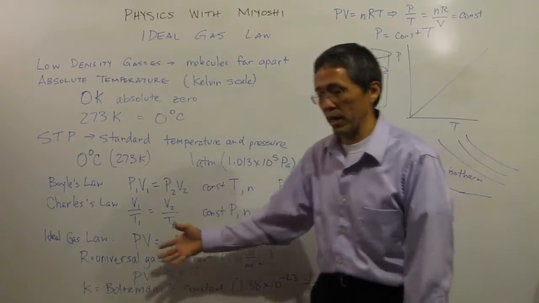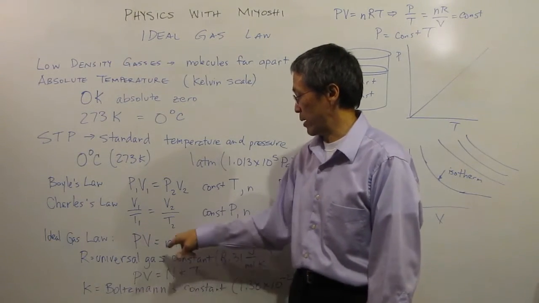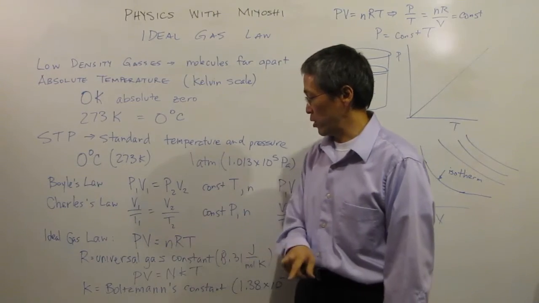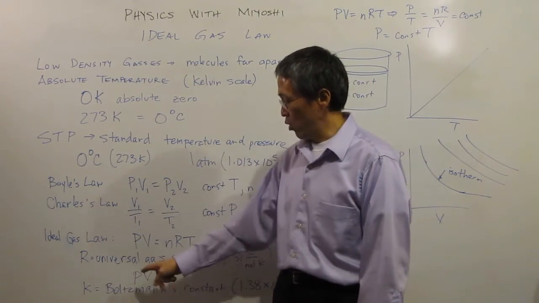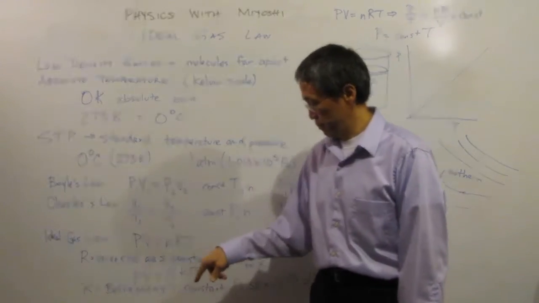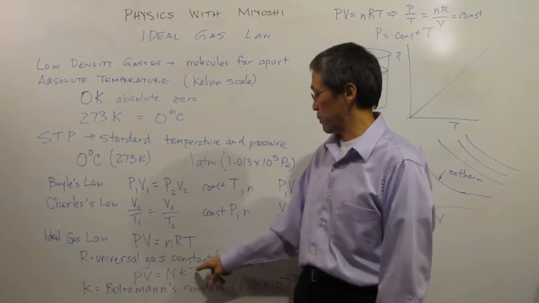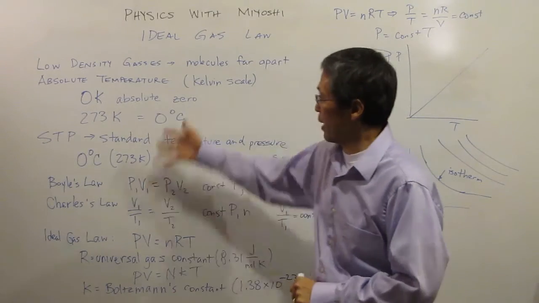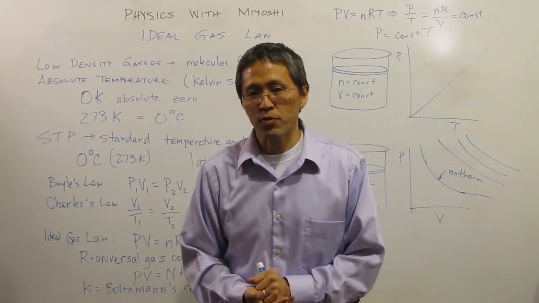And again, the ideal gas law: PV is nRT, pressure times volume is the number of moles times the universal gas constant times the temperature in Kelvin. Or pressure times volume is the number of molecules times Boltzmann's constant times the temperature, again in Kelvin. So, the ideal gas law, a little bit about how we use it, and a couple of examples for you.